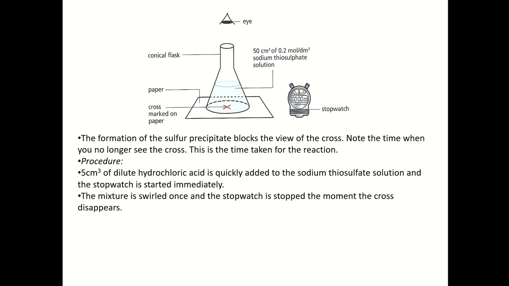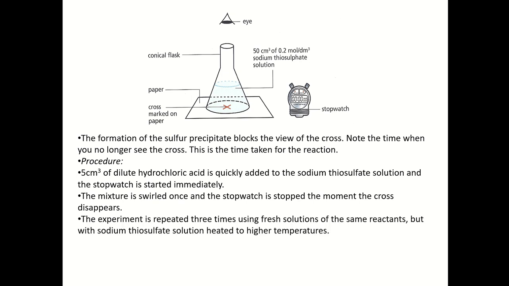What happens is the reaction will take place, okay, and you form a solid. So the point when the cross becomes obscured because of the solid being formed, you can stop timing, okay, and you can repeat the experiment, okay, maybe at different conditions.